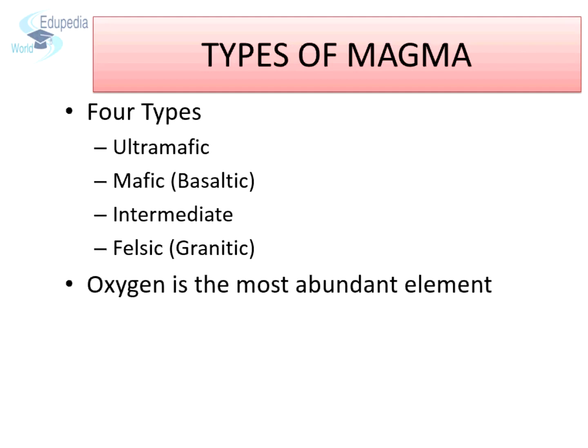Of these, basaltic and felsic or granitic magmas are more common, whereas the other 2 types are less common. Since oxygen is the most abundant element in the Earth's crust, magma is almost entirely composed of oxides.